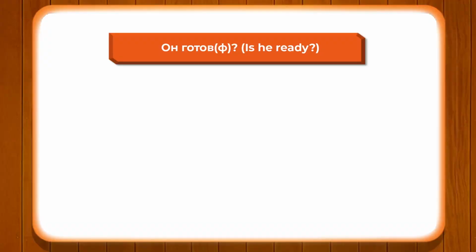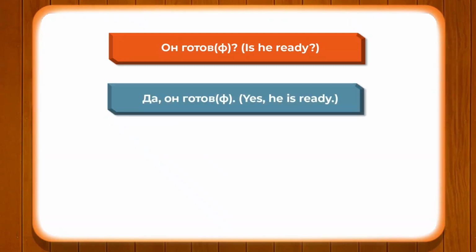Here we have simple sentences with us. For example, "Он готов?" On gotov. So, here the sound of f is heard at the end, on gotov. And the answer is "Да, он готов." Da, on gotov.